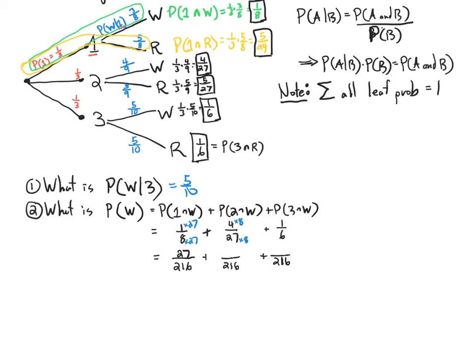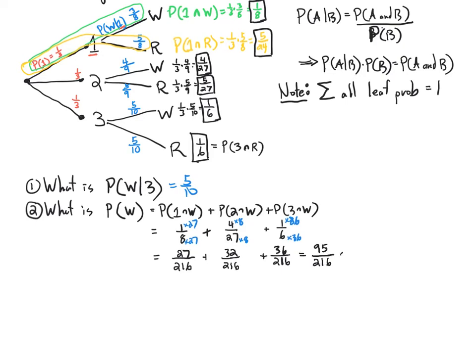So 4 times 8 is 32. We're just doing equivalent fractions here. And I multiplied 1/6 by 36 to get 216. And 1 times 36 is, of course, 36. I add those together. 27 plus 32 is 59. 59 plus 36 is 95 over 216.